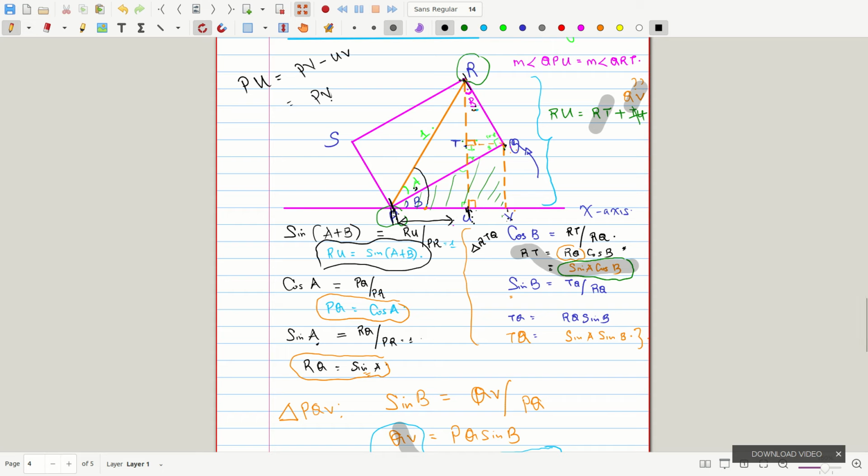However, UV won't be of any help. I'm saying this, of course, with hindsight, because I looked at the formula and I know where we are going. So we won't be able to use UV. However, we know that the distance U to V is the same as the distance T to Q, so we shall just say QT.